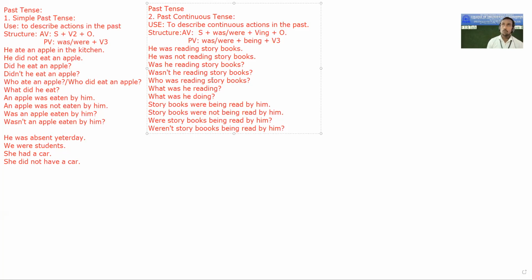Modal auxiliaries are only such verbs that have their own meaning, like expressing ability: can, could, may, might, must, need to, dare to, shall, will, would, should. These are only modal auxiliaries, and primary auxiliaries are the forms of to be: is, am, are, was, were, then do, does, did, and have, has, had. Auxiliary means helping here. Yes.